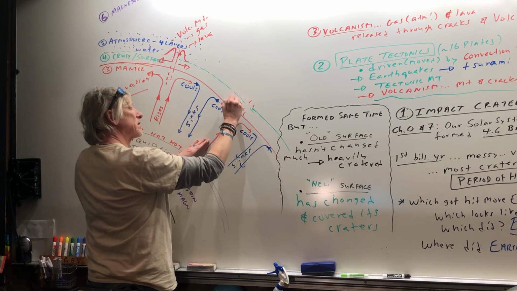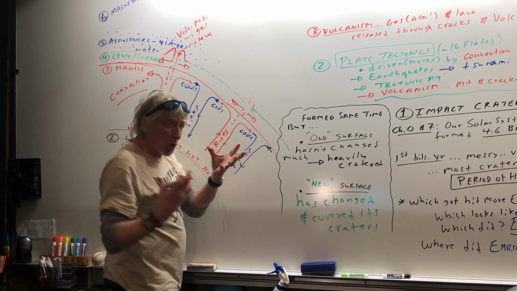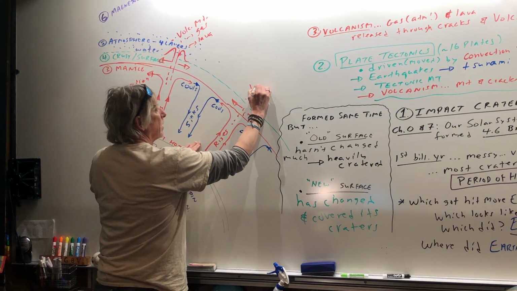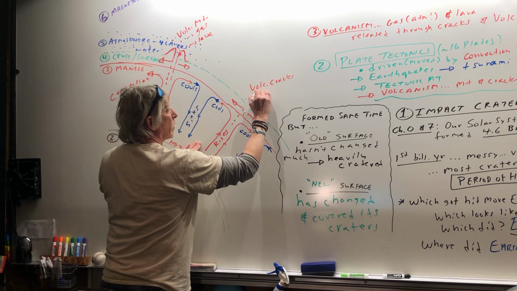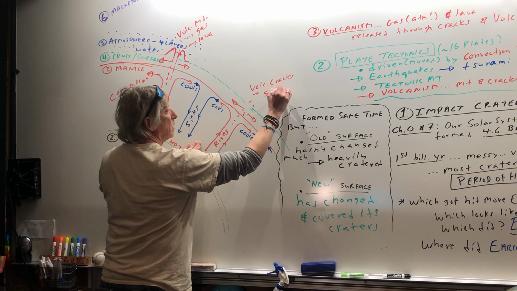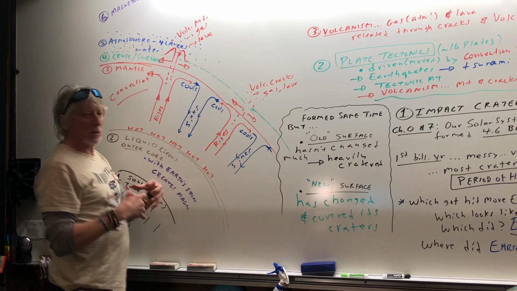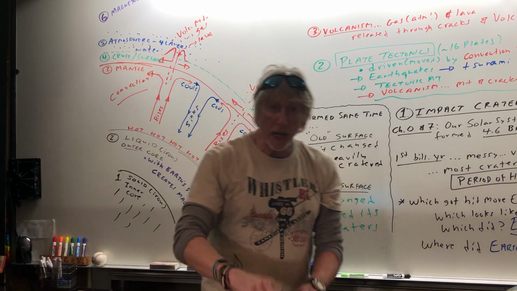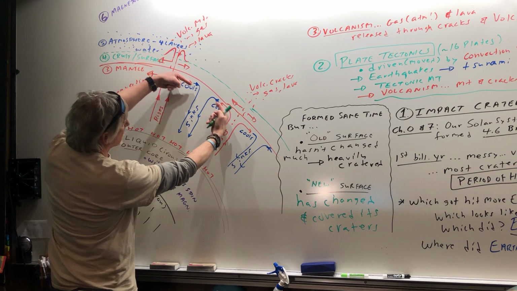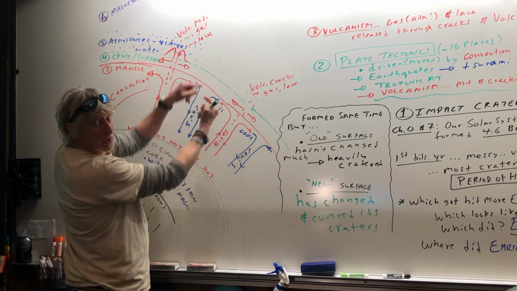But I just want to make a distinction that you can also have this separating and just have the surface crack. And so volcanic cracks, and what do they give? Of course, gas, lava. Right? So you can have that. But you can have the surface come together. Here they're spreading, but here they're coming together, aren't they?